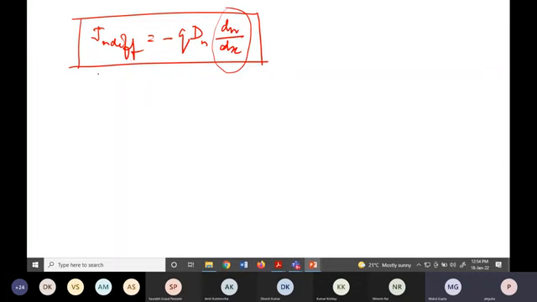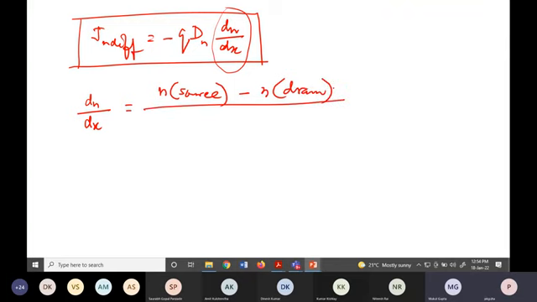I'm just giving you some hints. If you want, you can calculate this current. All I'm aiming at is to talk about subthreshold slope. So that's basically the channel length, n near the source side and n near the drain side.